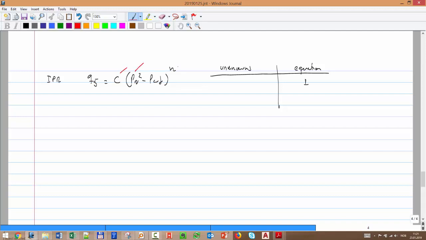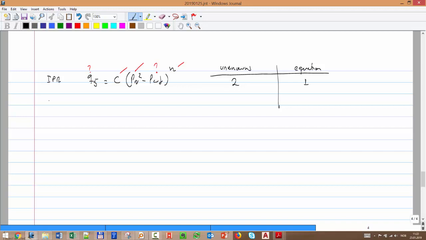C and N also, if I make testing on the well, or have an analytical model, I can get. But I have no idea how much is PWF or the rate, and the rate is what we want to find. So we have two unknowns and one equation.